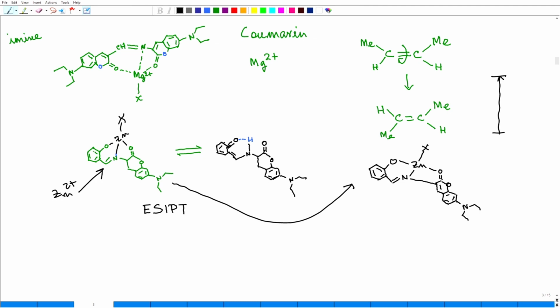ESIPT is a very popular mechanism, and the double bond one was done by my student, and this is also very nice, very easy, and it was done very quickly.